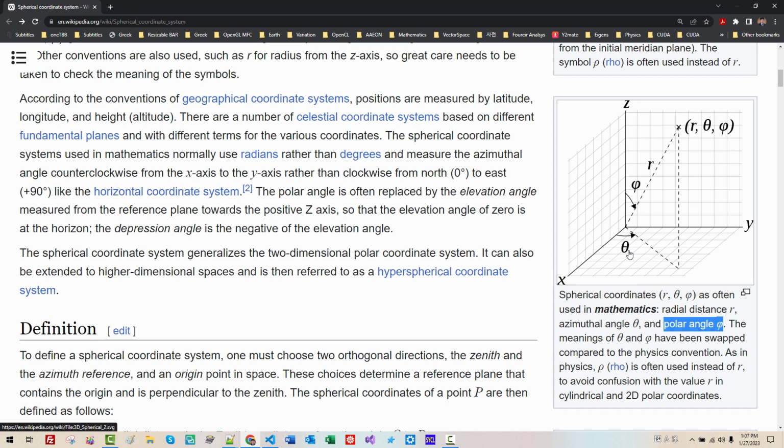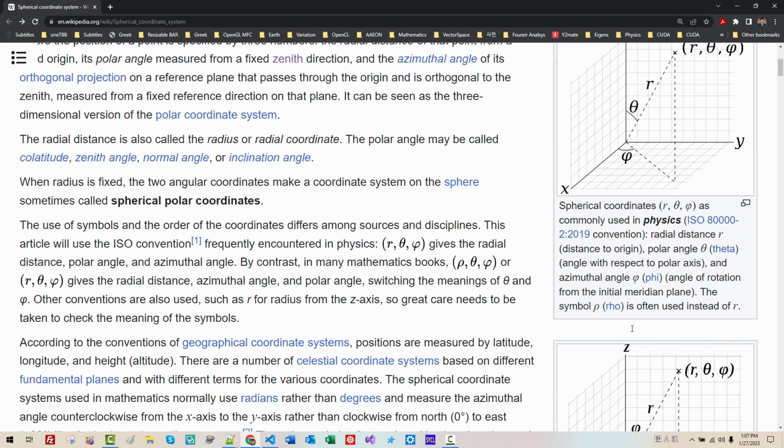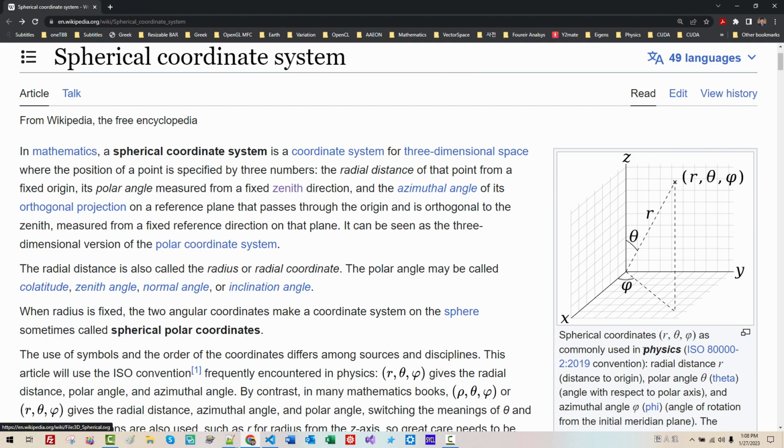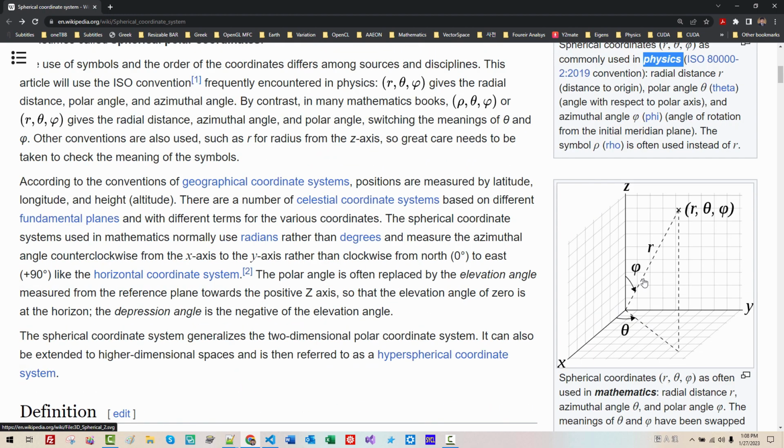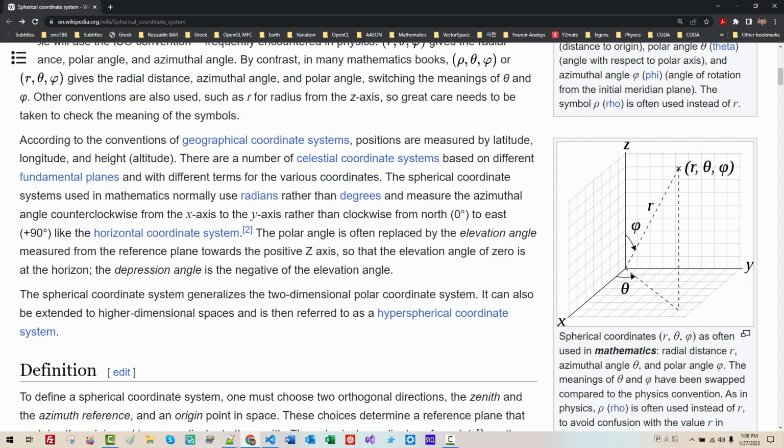This theta represents the angle measured from the x-axis counterclockwise on the xy plane. This angle theta is called the azimuthal angle. So the symbols used in physics and the symbols used in mathematics are swapped.